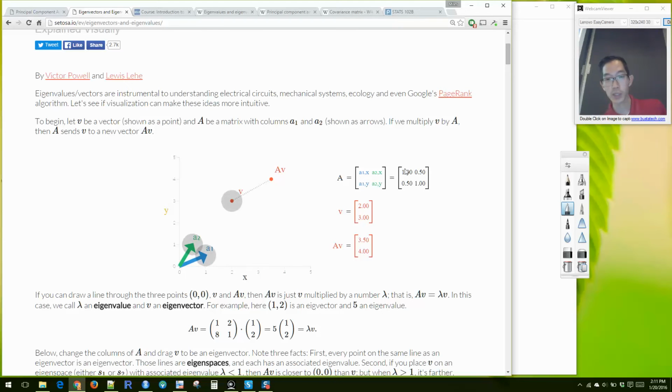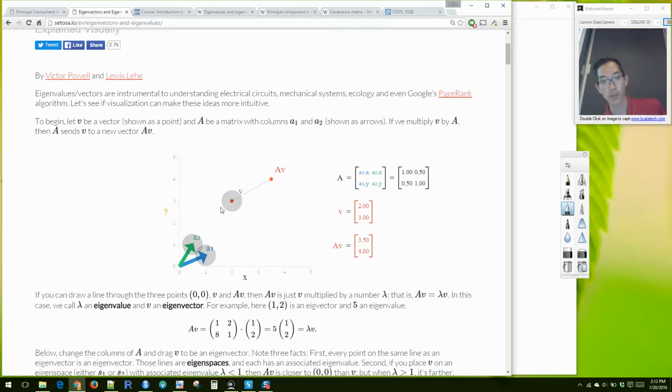We apply this transformation to V, which is currently at the point 2, 3. We multiply A times V, and this will transform the values of V into 3.5 and 4.